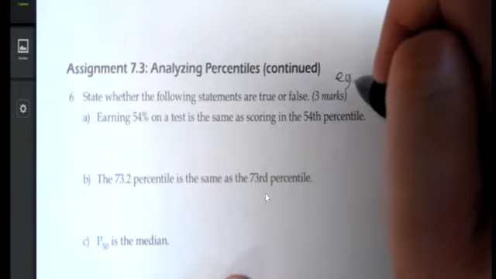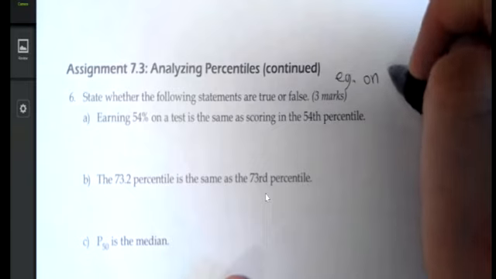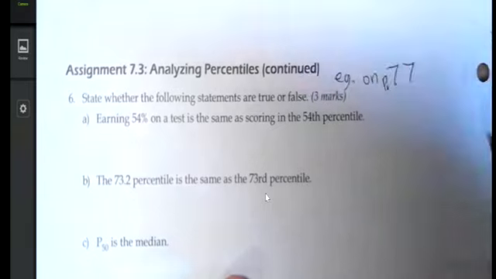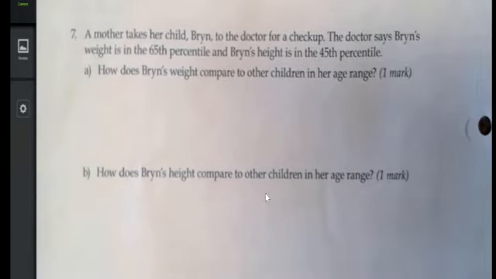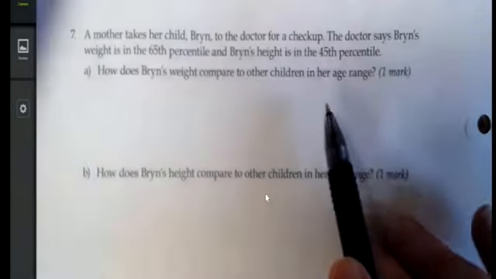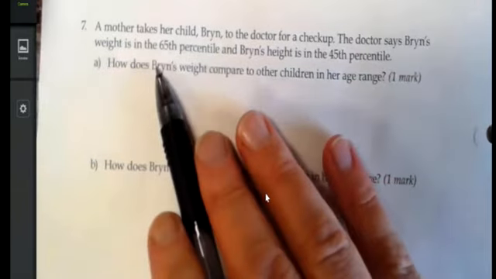Let's take a little note. Example on page 77. Mother takes her child Bryn to the doctor for a checkup. The doctor says Bryn's weight is in the 65th percentile and Bryn's height is in the 45th. How does Bryn's weight compare to children her age? Well, her weight is in the 65th.